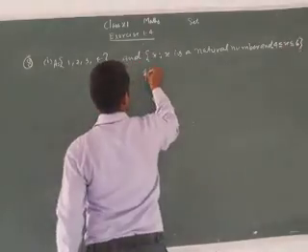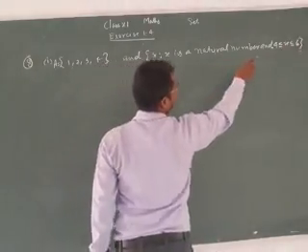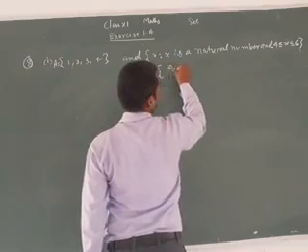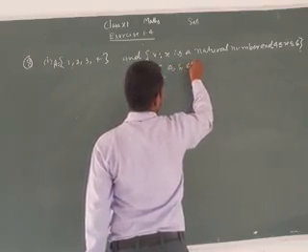So set B is the natural numbers 4, 5 and 6.